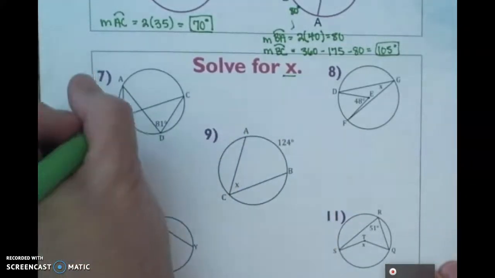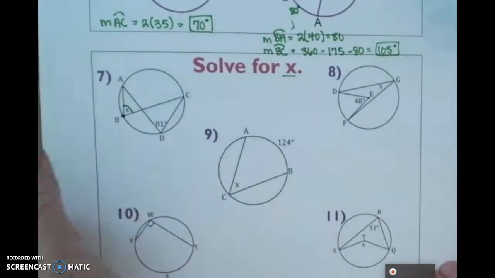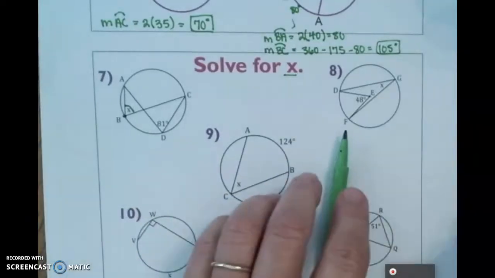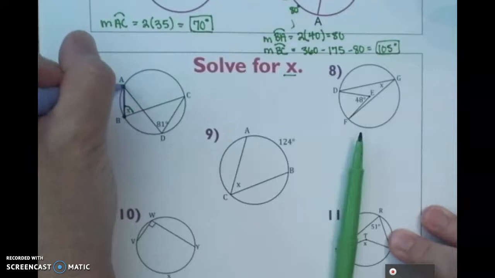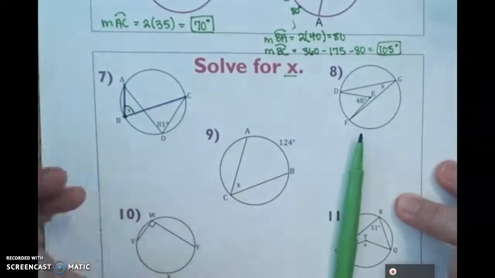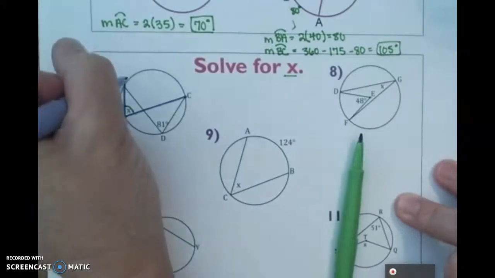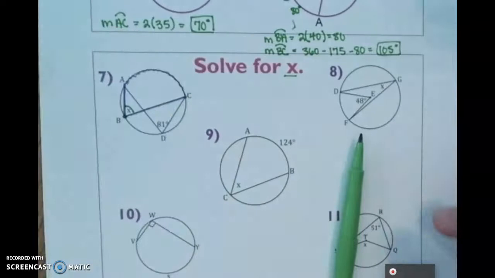So in this picture, x is this angle, its vertex is on the circle. So it's an inscribed angle. So what I like to do is draw the legs of the angle so I know where that intercepting arc is for that angle. So right here is the intercepting arc for that angle.